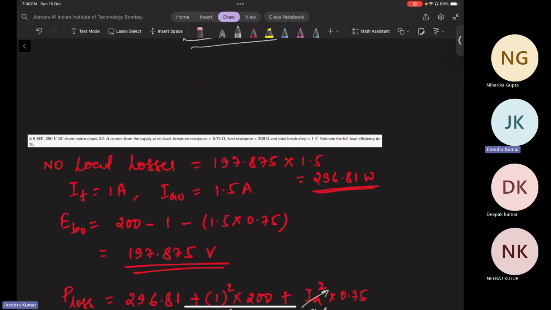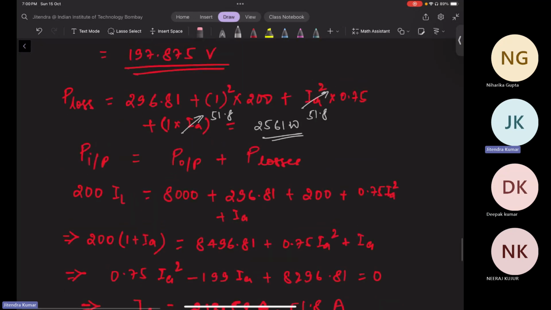So this particular loss is itself higher than the rating of the machine. It is coming out to be 34 kilowatt, whereas the rating of the machine is 8 kilowatt. So there itself you will get to know that you have committed some mistake. So any final doubt till this point?